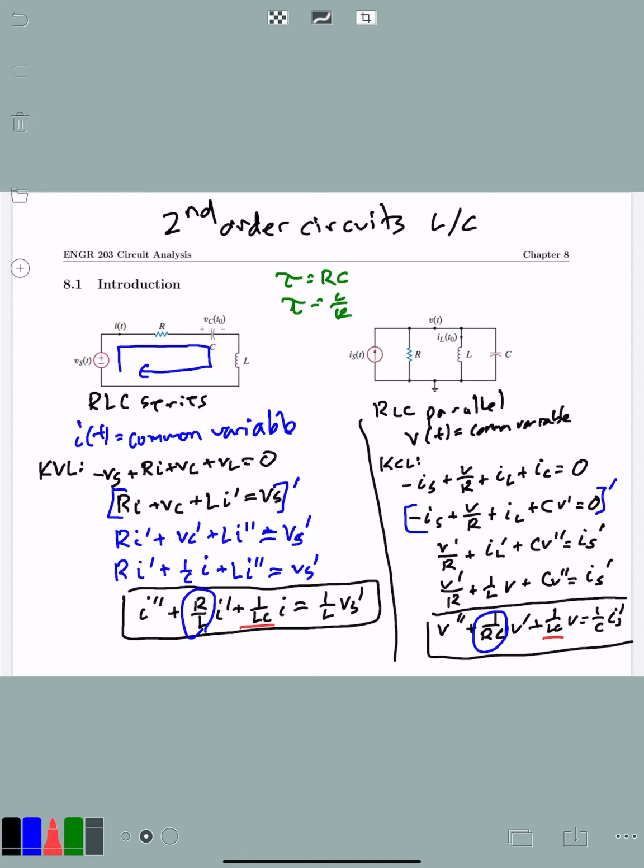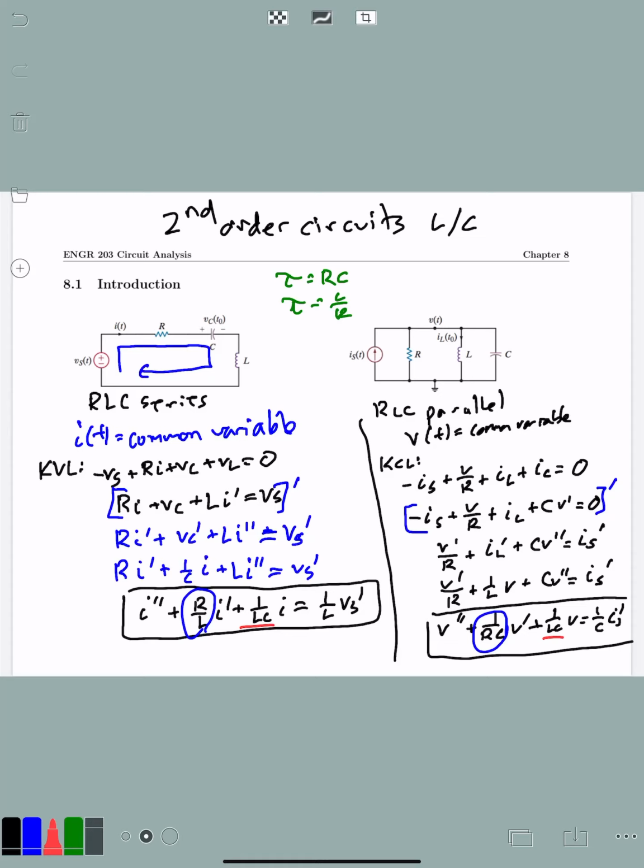Also, both of them have the same coefficient here, 1 over LC. And that is going to have a physical interpretation in the circuit, which we will see in chapter 14. I'll say it right now, but it may not make sense. That is dealing with the resonant frequency here.